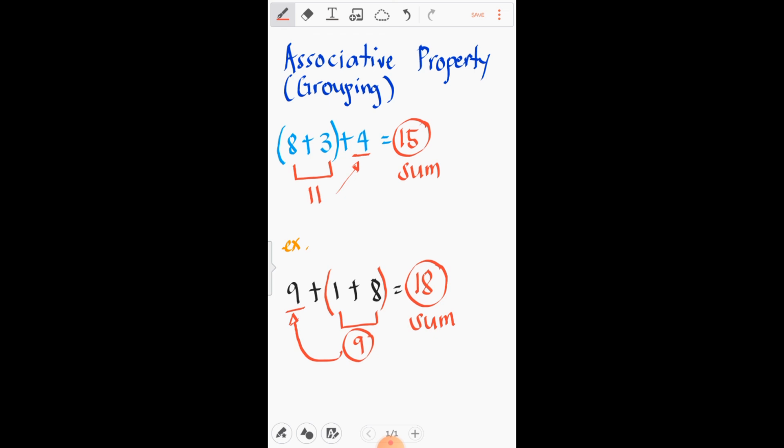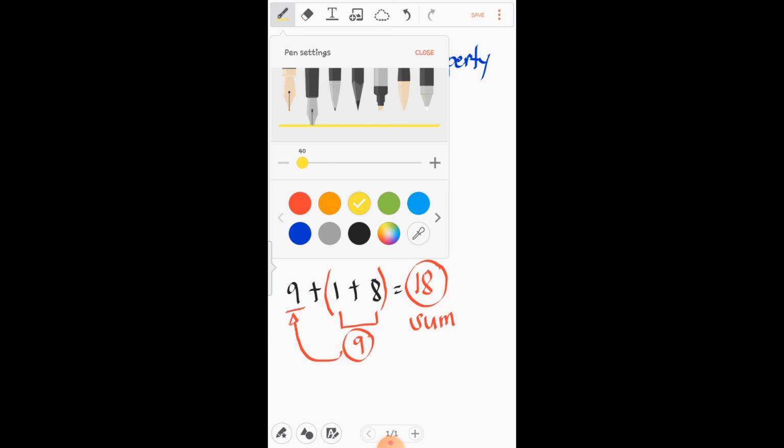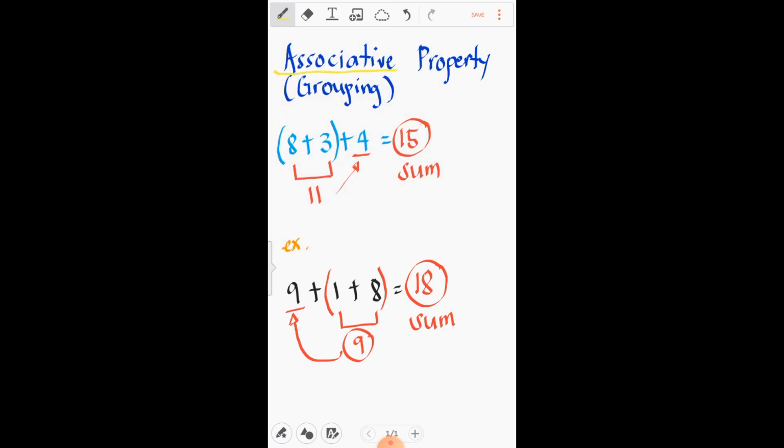Is it right? Again, what kind of property is this one? When we are going to add 3 or more numbers together, it is called associative property. Okay, this one. Associative property is sometimes called grouping property.